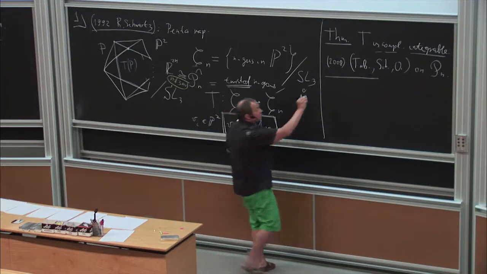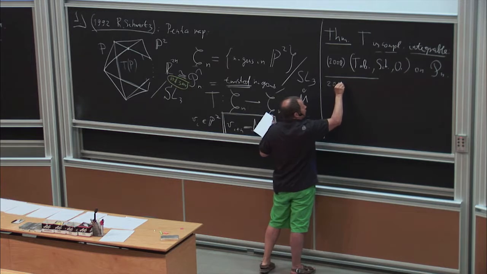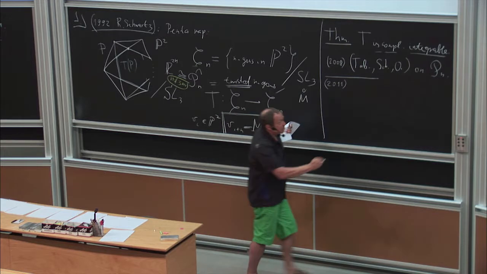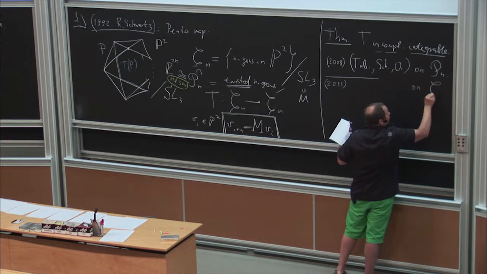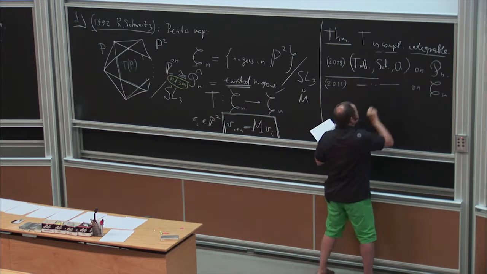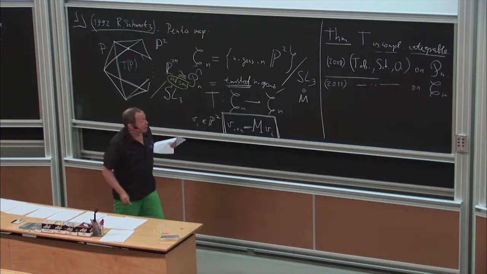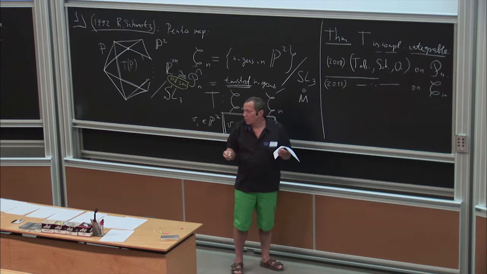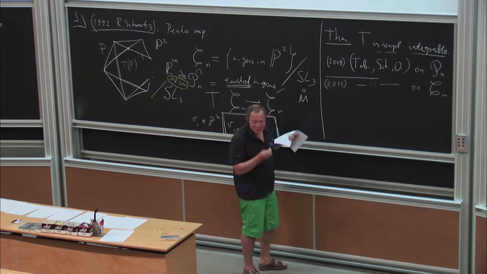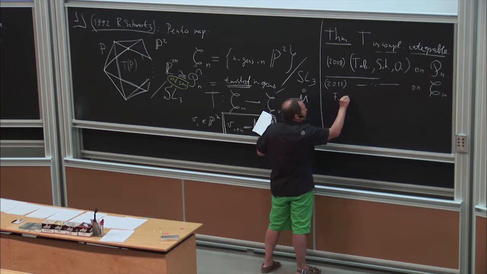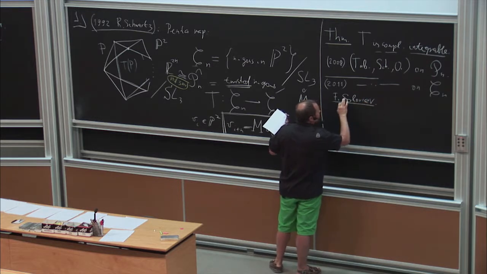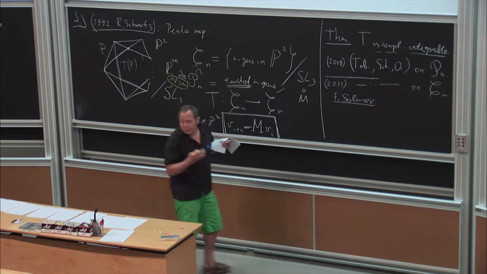But then we had to wait 3 years, and so we proved the same result on Cn, and independently the same result, or a similar result, was obtained by Fedor Soloviev, who is unfortunately not here because of some visa problem. So Soloviev also proved integrability, but by completely different methods.